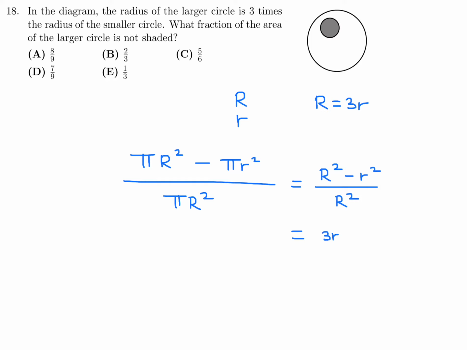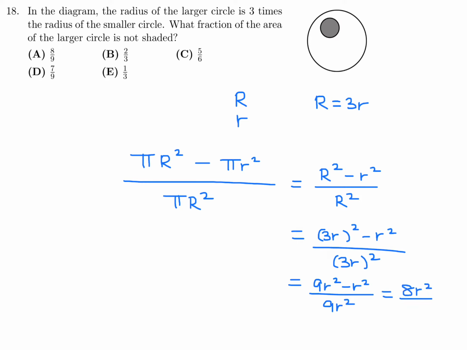So I'll put that in here, 3r squared minus r squared over 3r squared. So this becomes 9r squared minus r squared over 9r squared. That is 8r squared over 9r squared. The r squareds cancel, and all you are left with is 8 over 9. Number 18, the answer is A.